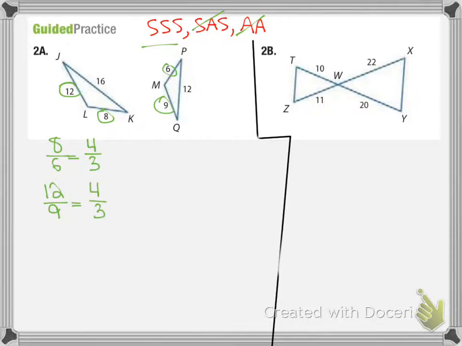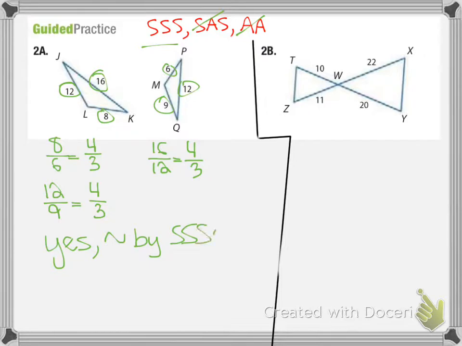So I have one more to check, 16 over 12. When I do 16 over 12, I can take a 4 out of each. That would be 4 over 3. So yes, these are similar by SSS similarity.